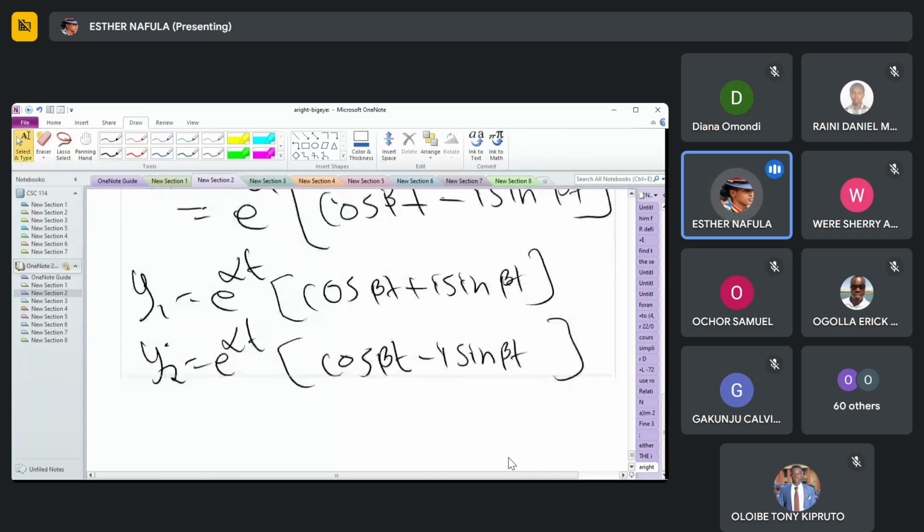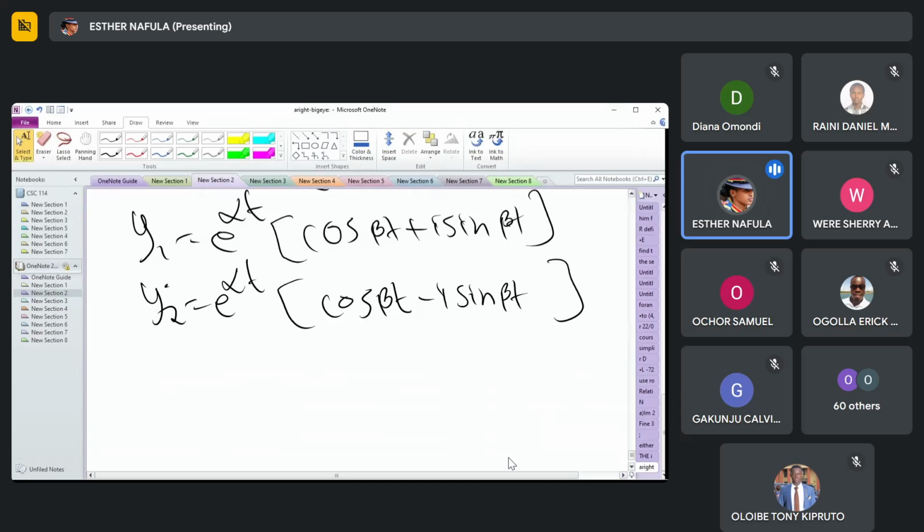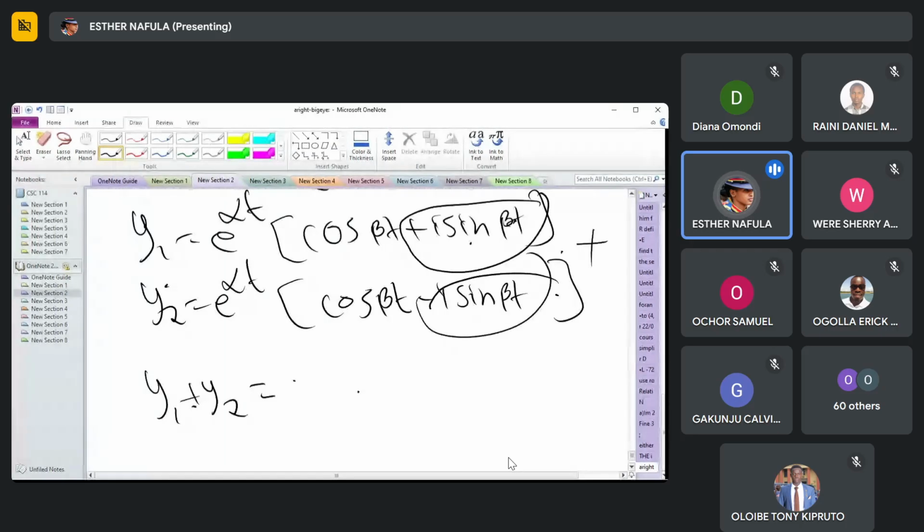Both are complex in nature, but if we rewrite them in this form, then we can do some algebraic manipulations such that we end up with real solutions. We can either add or subtract the two. For instance, if we add the two, then y1 plus y2 is equal to, the i sine beta t plus minus i sine beta t will go to 0. So we will have 2 of e to the alpha t cos beta t.